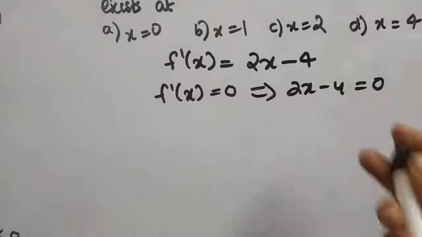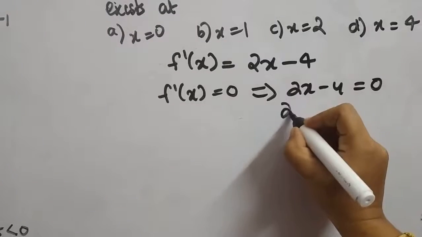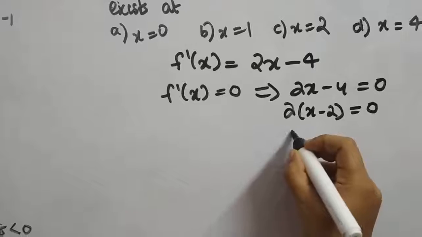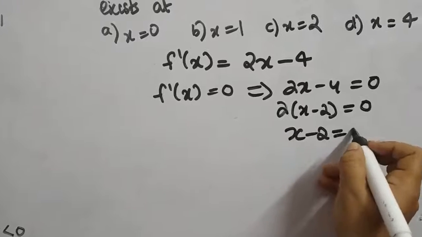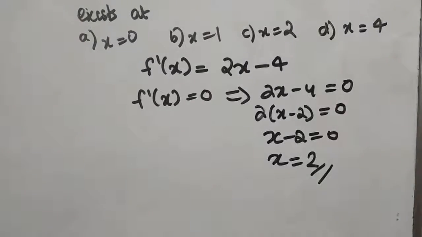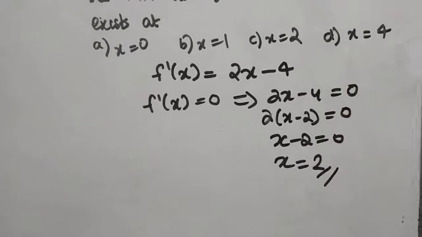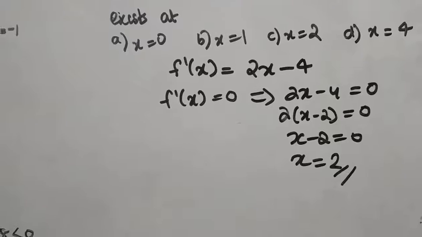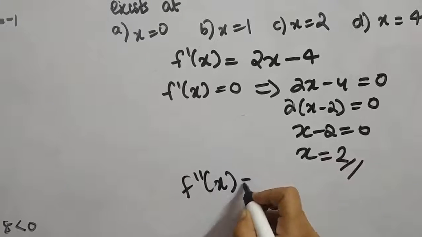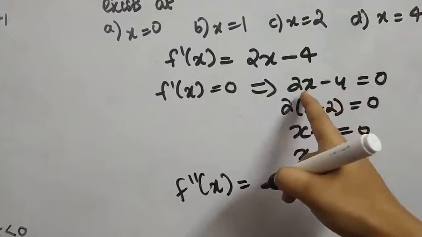So that implies 2 into x minus 2 is equal to 0. So you'll get x minus 2 is equal to 0. That is x is equal to positive 2. Now what is the next step? Next step is we have to do f double dash of x. So what is f double dash of x? Take again derivative of this f dash of x.